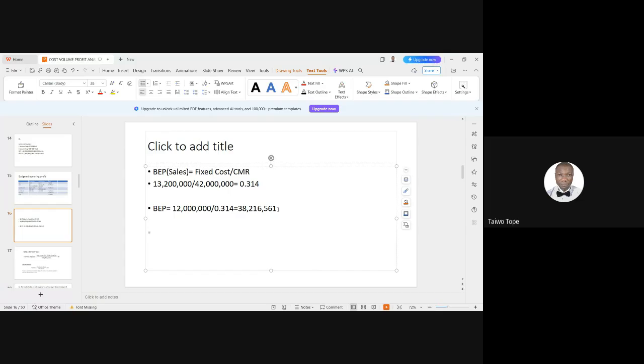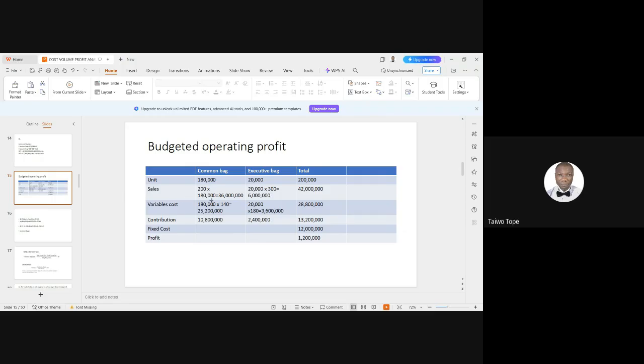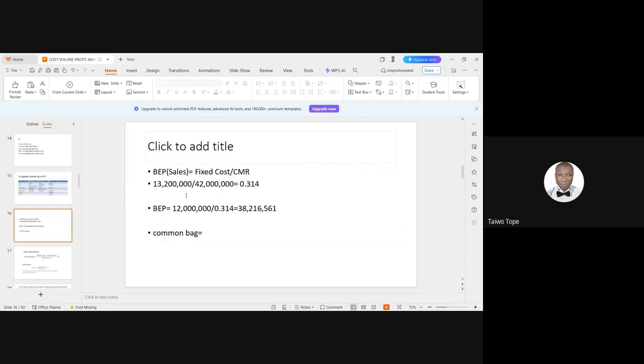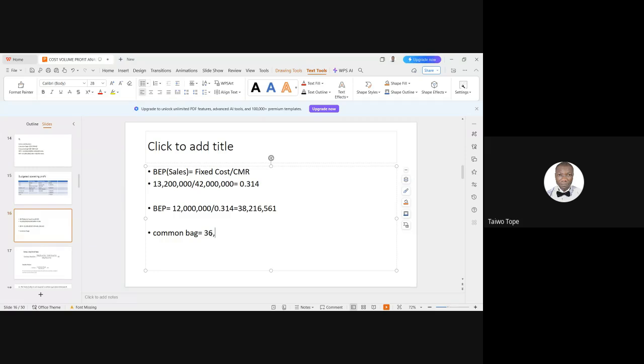Then we divide the result by the selling price to know the units.